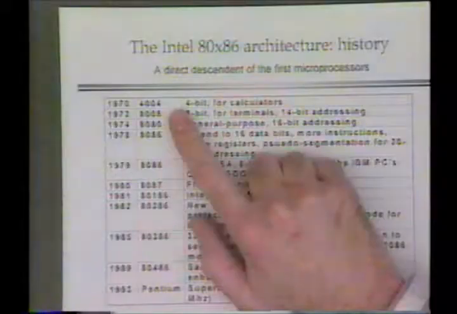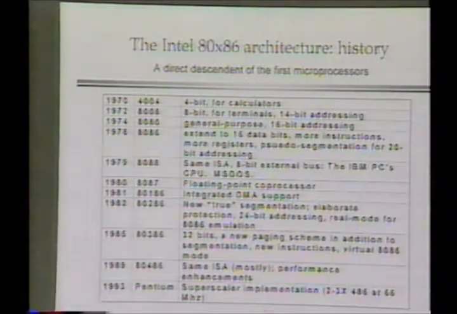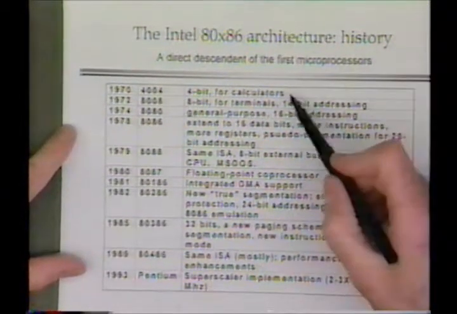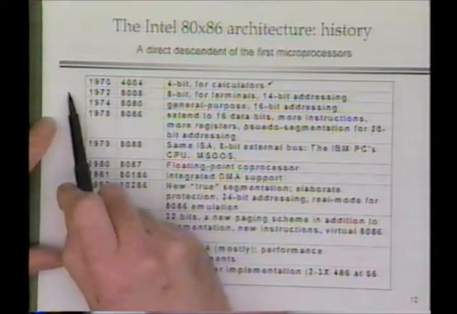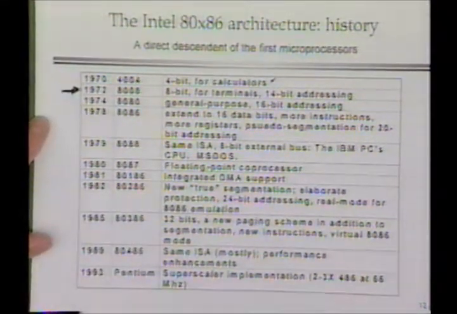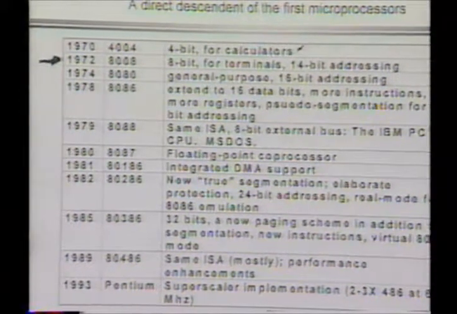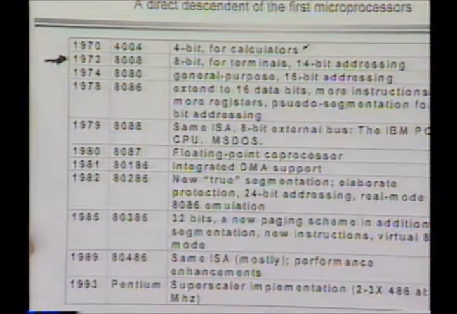Let's look at where that ancient history came from. It started back in 1970. In fact, Intel was the first manufacturer, they would claim, and I believe, of microprocessors. The first one they built was actually a 4-bit microprocessor for calculators, but the first real general-purpose machine was in 1972. It was the 8008. They had designed that jointly with Datapoint of Texas as a chip to be used inside a computer terminal, a terminal for a mainframe.